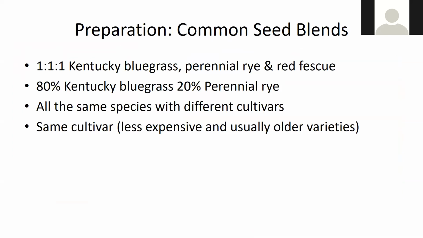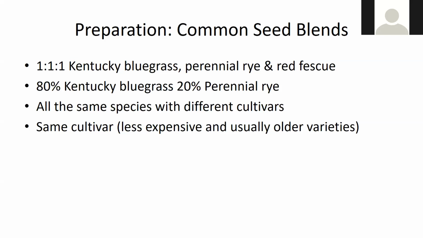Okay, so there's lots of different mixes you can use. Back 50 or 60 years ago, it was really common to do a 1-to-1-to-1 mix of Kentucky bluegrass, perennial rye, and red fescue. But what we have found is that over 10 or 20 years, those grasses actually separate out. It's not super obvious, but your lawn will take on kind of a patchy look, where the grasses grow at their best.